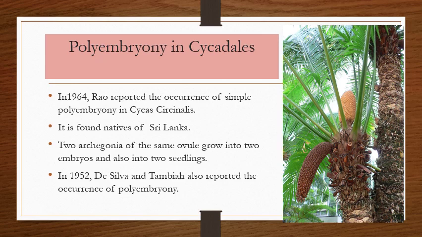In this species, two adjacent archegonia of the same ovule sometimes grow independently into two embryos and also rarely into two seedlings. In 1952, De Silva and Thambiah also reported the occurrence of polyembryony. Only one out of the several embryos remains potential and persists in this species.